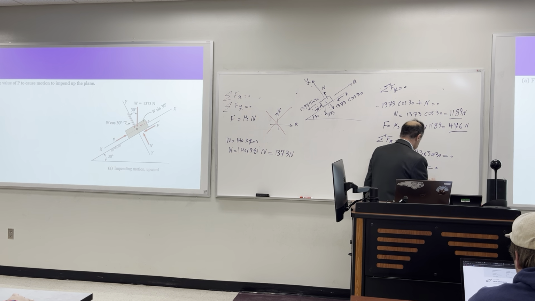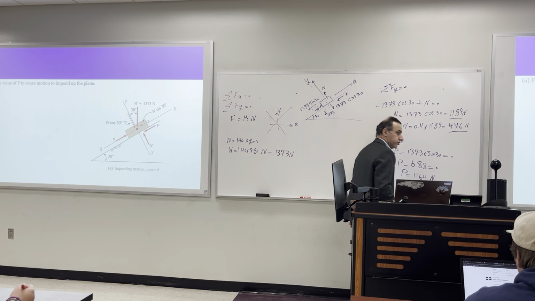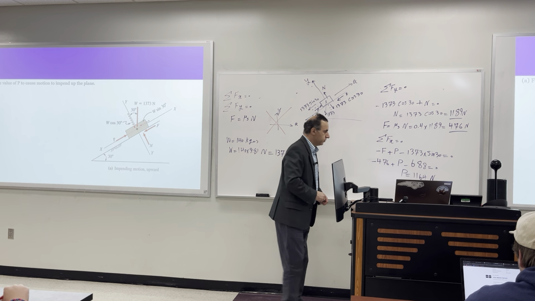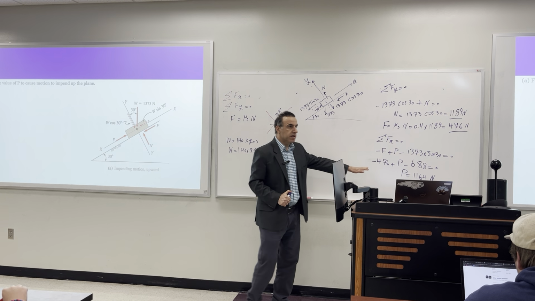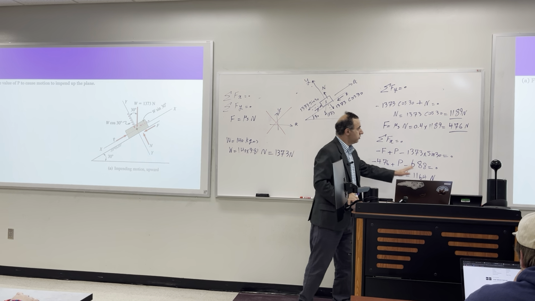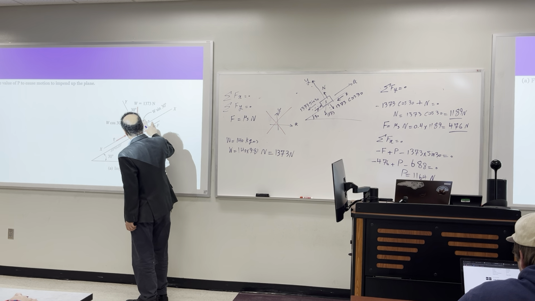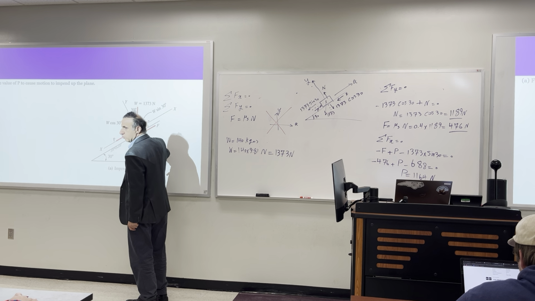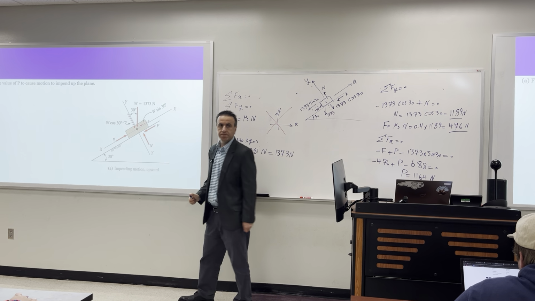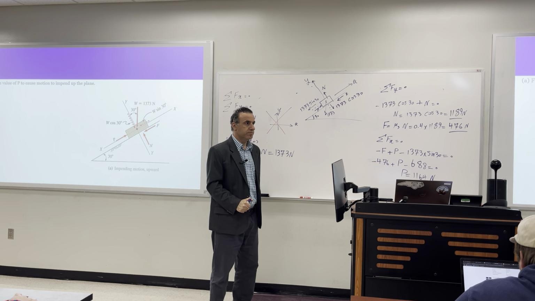Yeah, the book has 3, but I got 4. That's all right. That's fine. It's just a rounding number. Okay. So this is the minimum P I need to apply to start moving the part upward. Okay? Question?